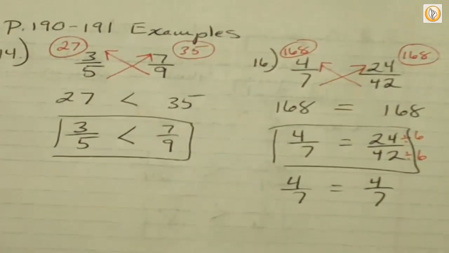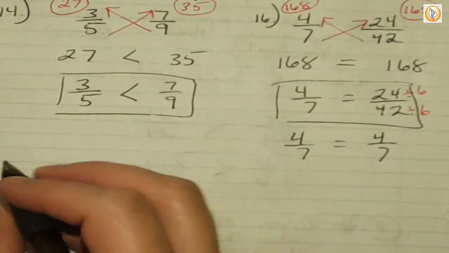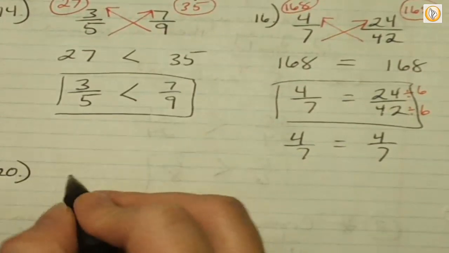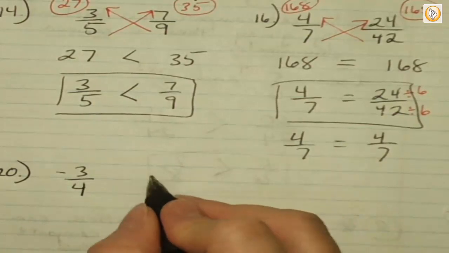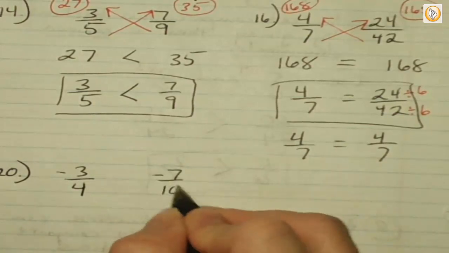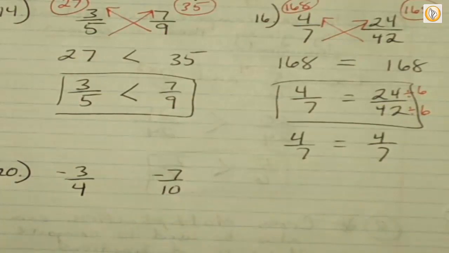All right, let's keep going. Any questions? Nope. All right, 20. I have negative 3/4 and negative 7 over 10. Izzy, I haven't heard from you much. What do I do?